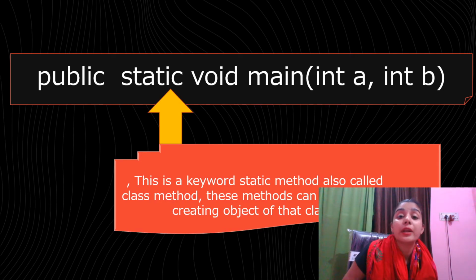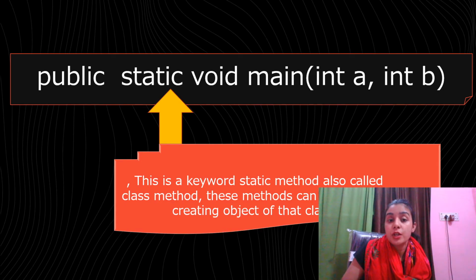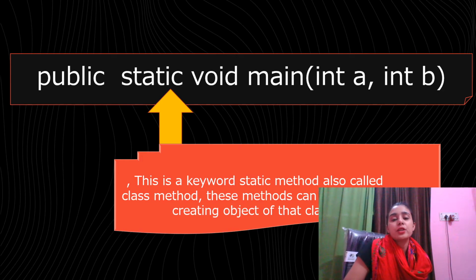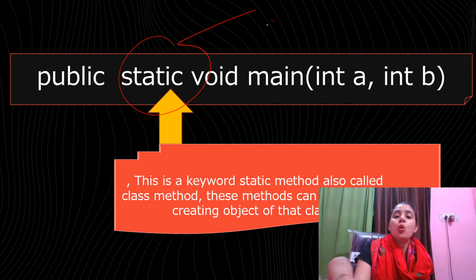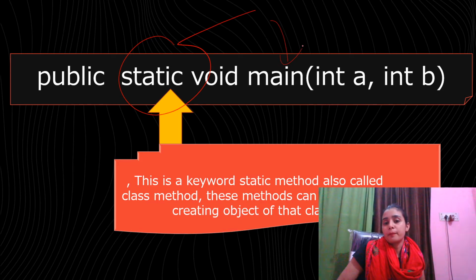You need not create the object of that class if you are using the static keyword. But if it is non-static, meaning you are not using the static keyword, at that time you need to create the object of that particular class, and with the help of that object you are able to call this function. Okay, this is the difference actually.